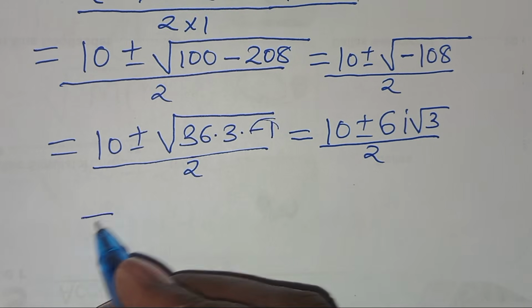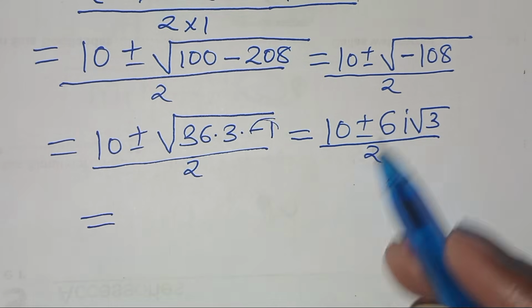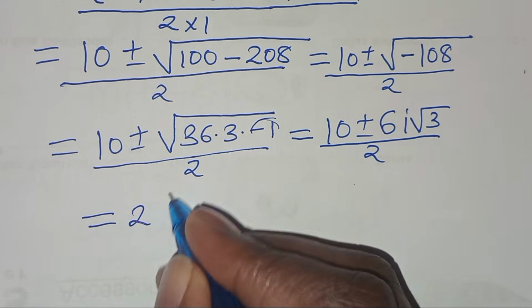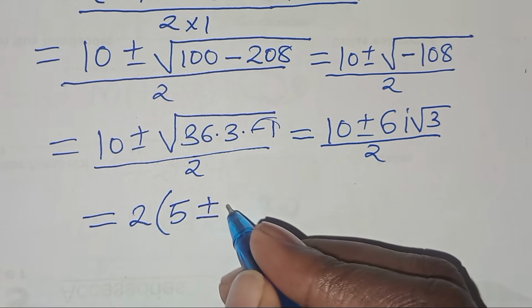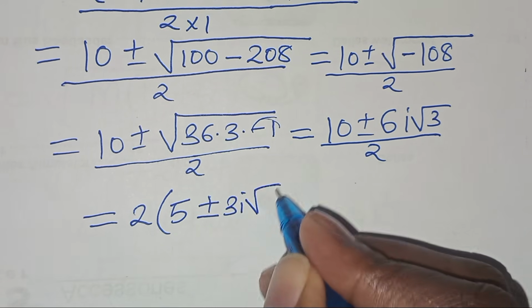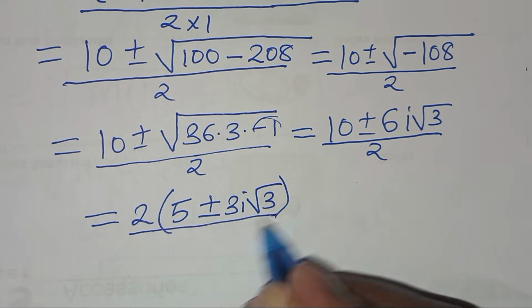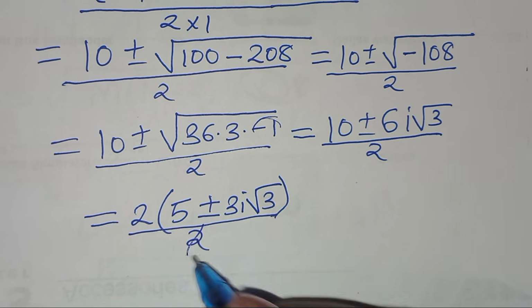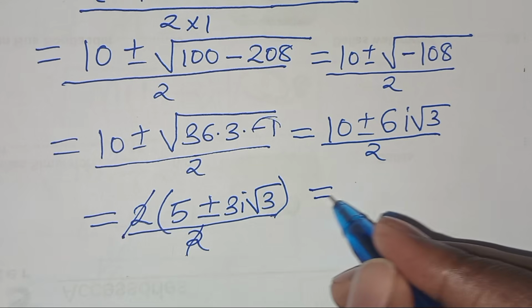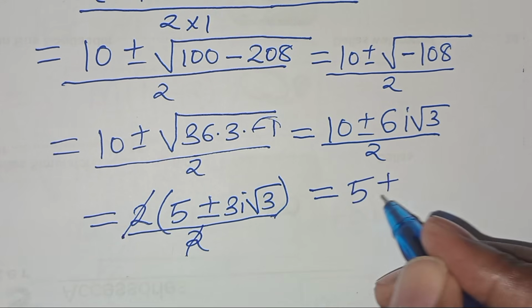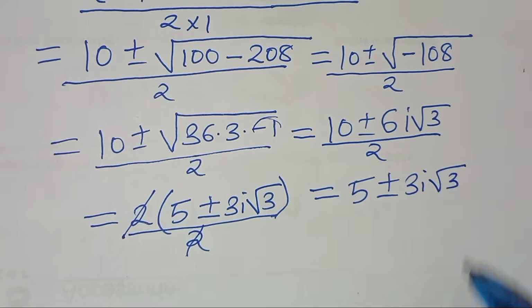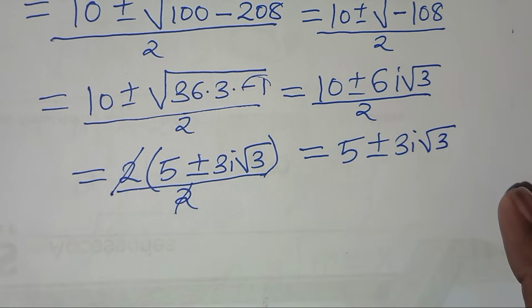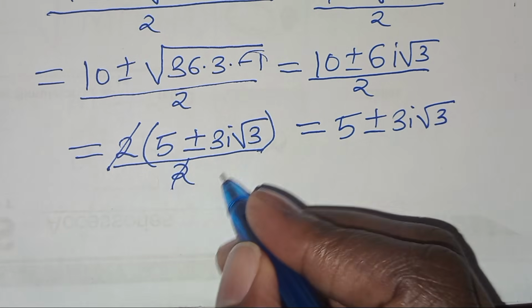So this is the same thing as 2 into the bracket here, 5 plus or minus 3i square root of 3 divided by 2. So we simplify 2 and 2 here, so that now we have 5 plus or minus 3i square root of 3. So this implies that we have 6 solutions.